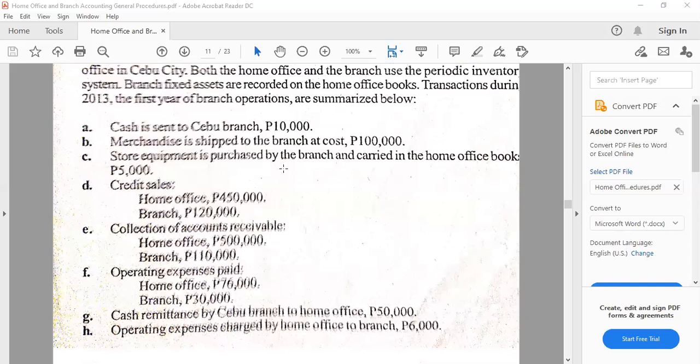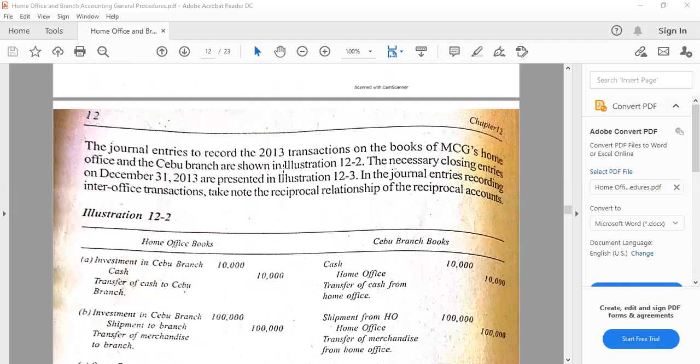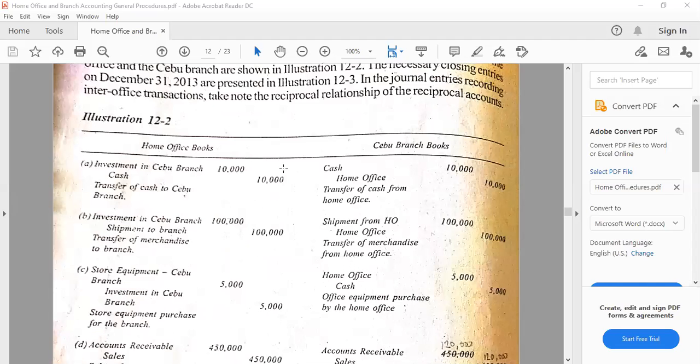Letter C, store equipment is purchased by the branch and carried in the home office books, 5,000 pesos. So it is the branch that actually made the purchase and paid for it. So debit investment in the branch, because the equipment will be carried in the home office books. So of course that's going to debit the store equipment, Cebu branch, right?